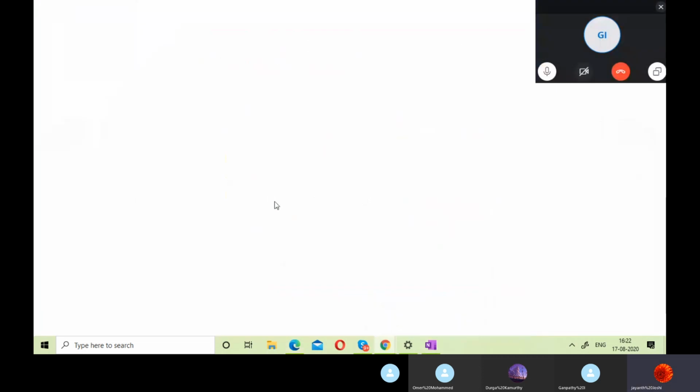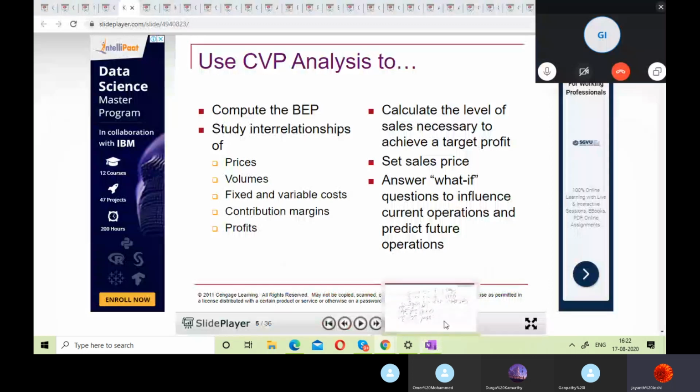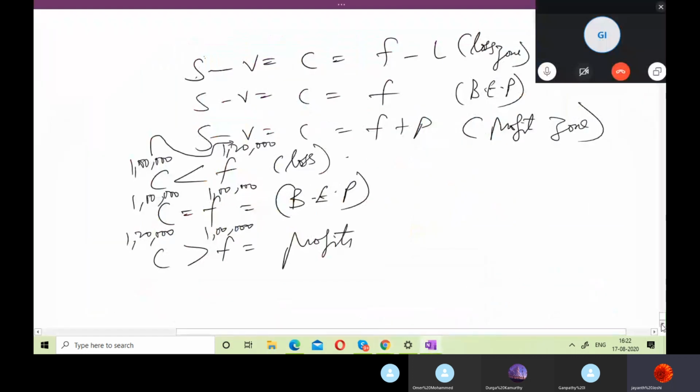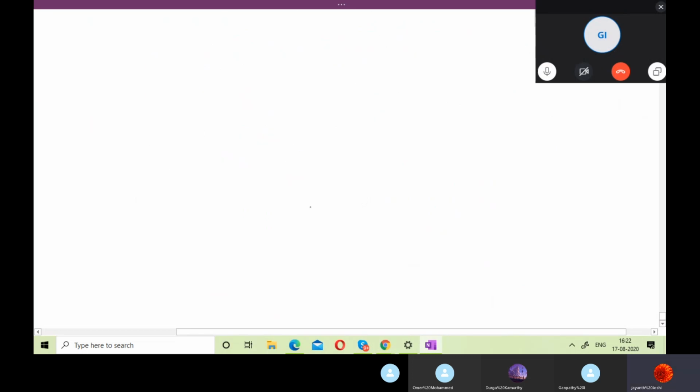Now the question arises how to find out the break even point in units. So I will tell you the formula. So already you know the concept of break even point, hai na? When there is no profit, no loss. So break even point in units, if you want to find out, the formula is fixed cost by contribution. So fixed cost is always in lump sum.